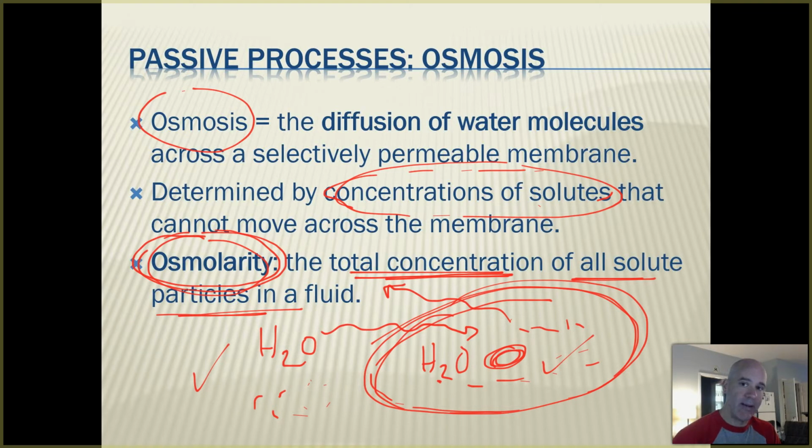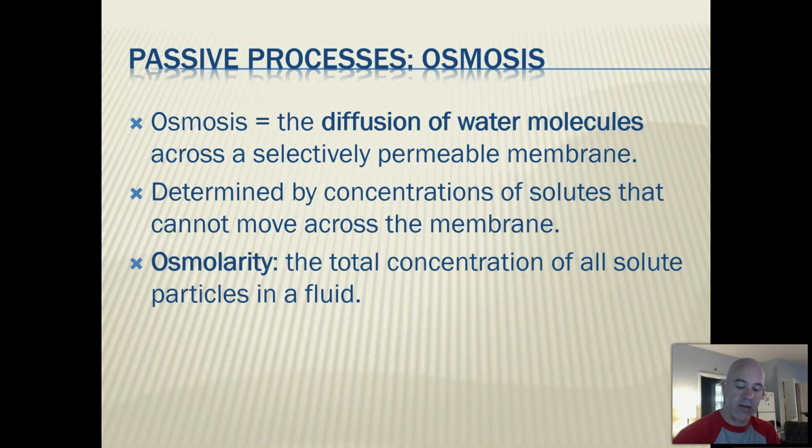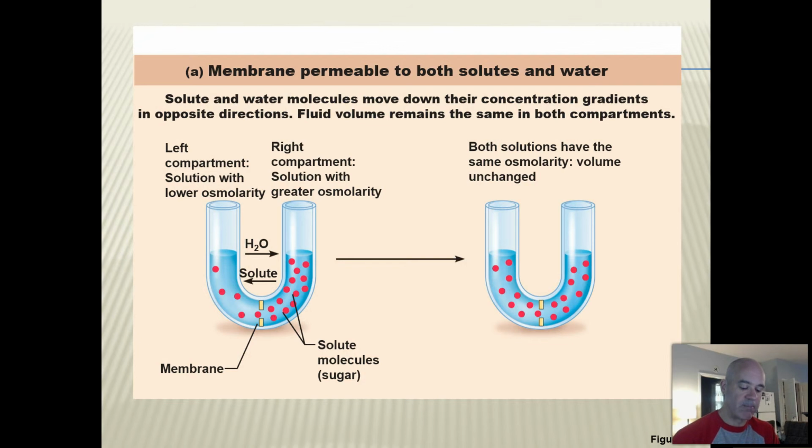But ideally, the osmolarity, when you think about all of those solutes together, will be the same. The overall concentration outside versus inside will be the same. All right, so let's take a look at how that works.